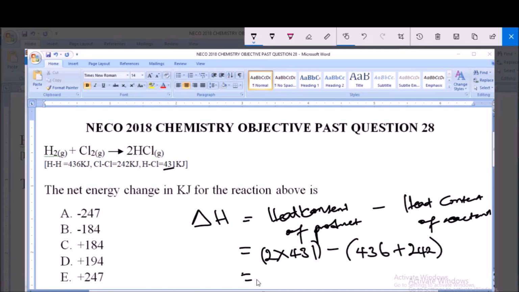So we have 862 minus 678, which equals 184 kilojoules. So this is the energy change in this reaction, that's plus 184 kilojoules, which is option C.